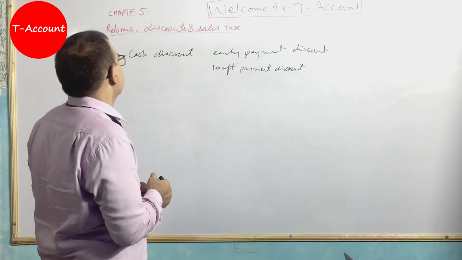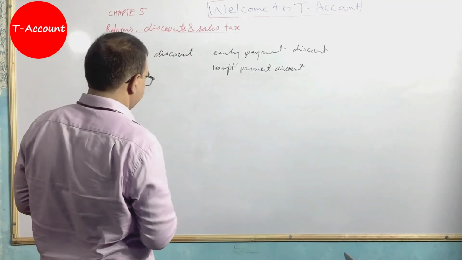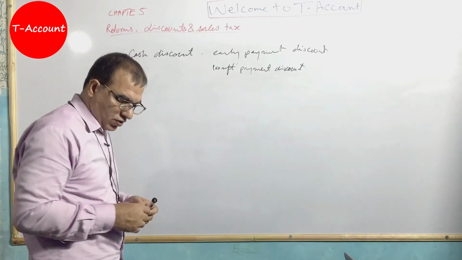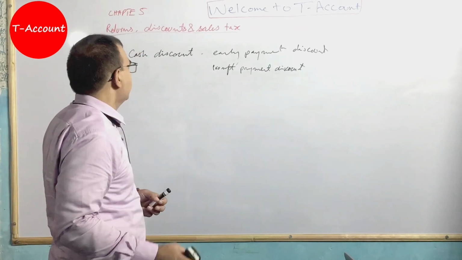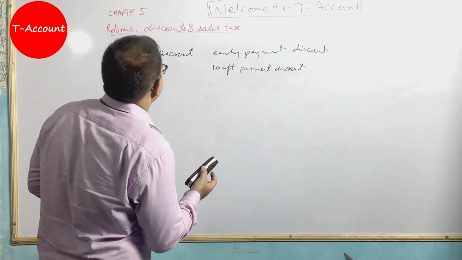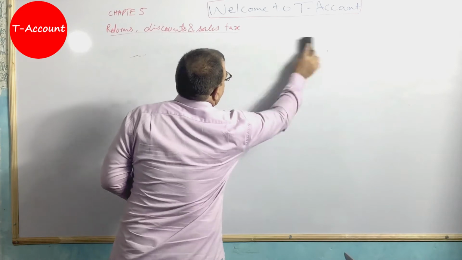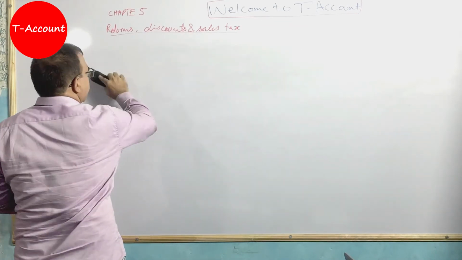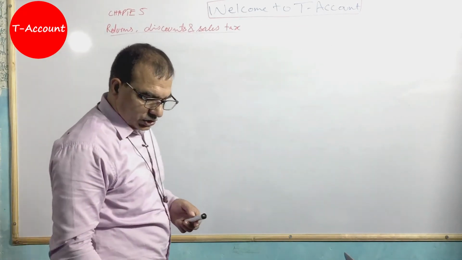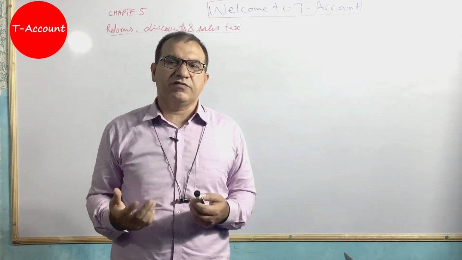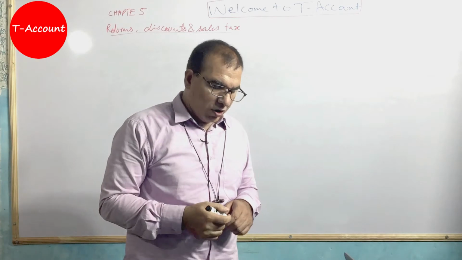So that's the difference. So what do you do with that? What are the entries? Now you can have two policies for that, generally, depending on your judgment and knowledge of the behavior of the customer, how they are going to behave.